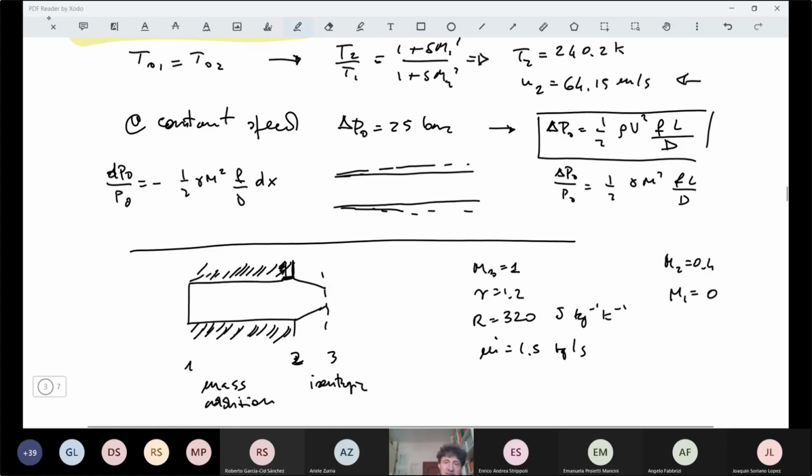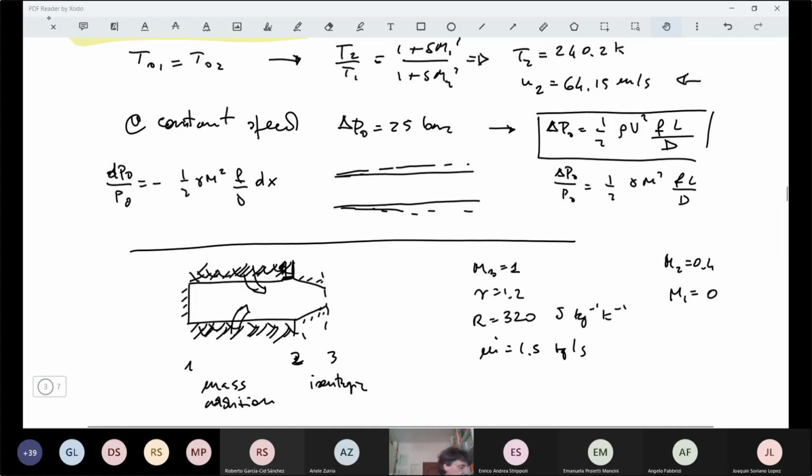So we have a wall here, this is propellant, and this is wall. So we have injection here, and the exhaust of the gas here in 3.